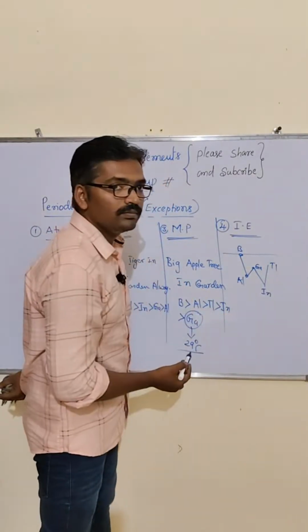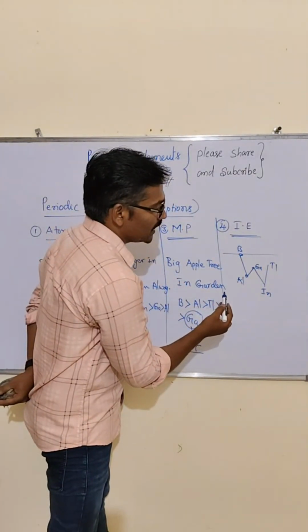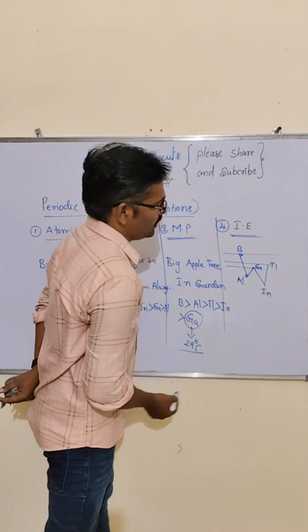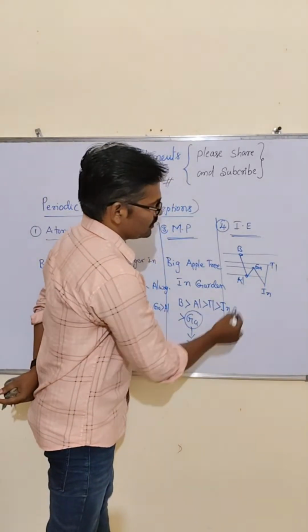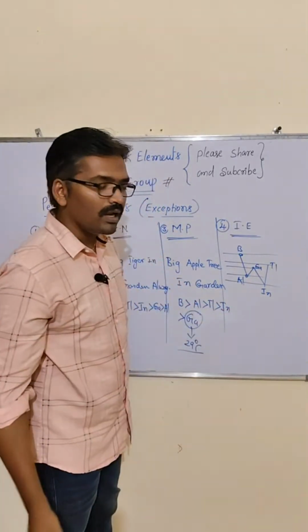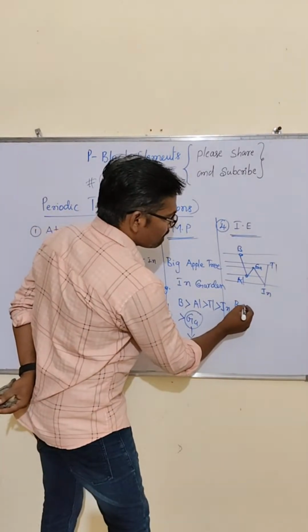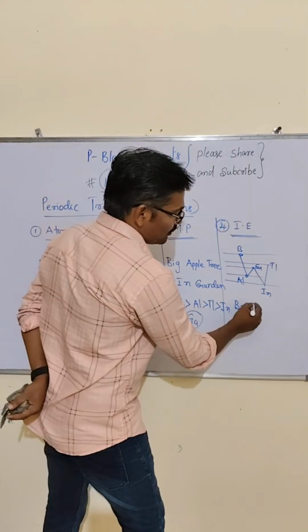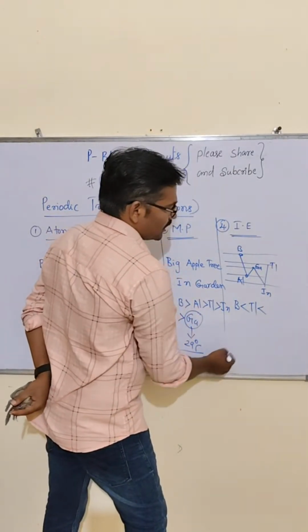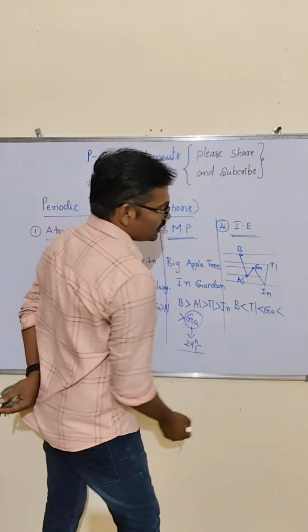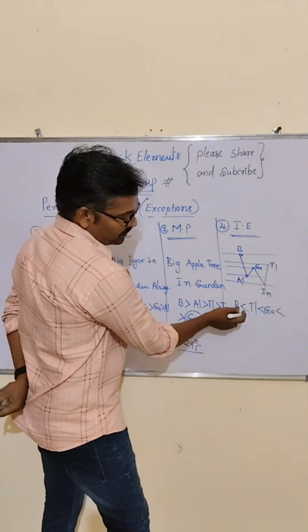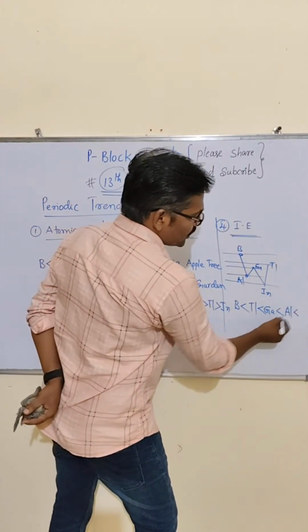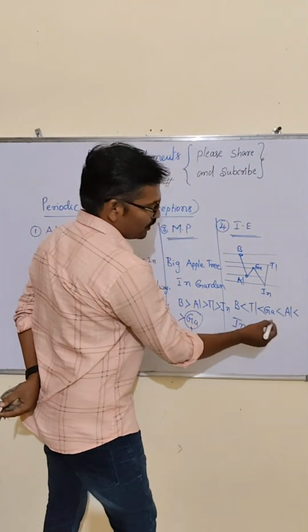First boron, then thallium, then gallium, then aluminium, then indium. Boron is highest, indium lowest.